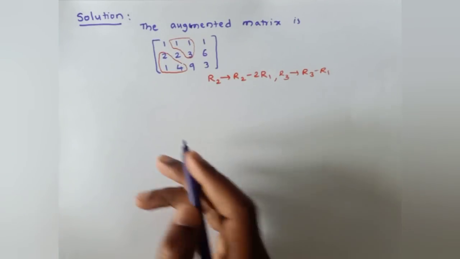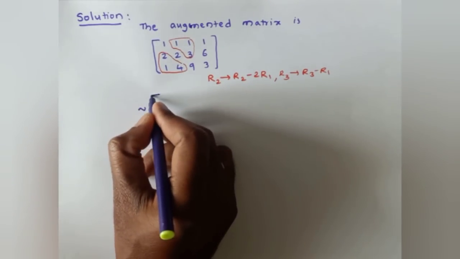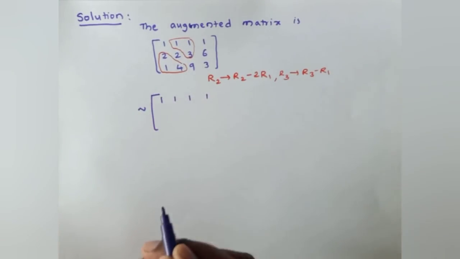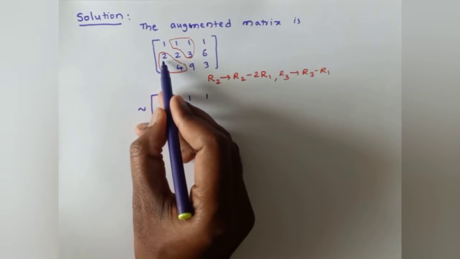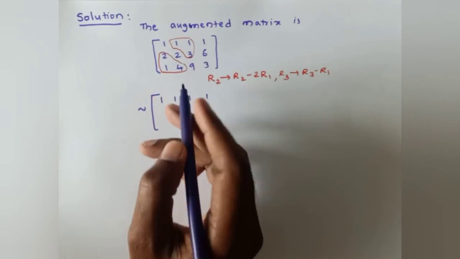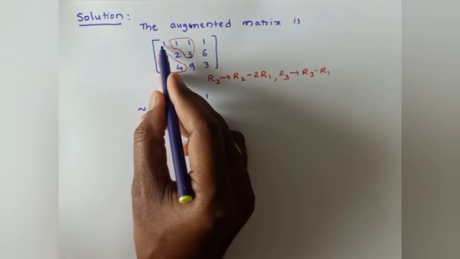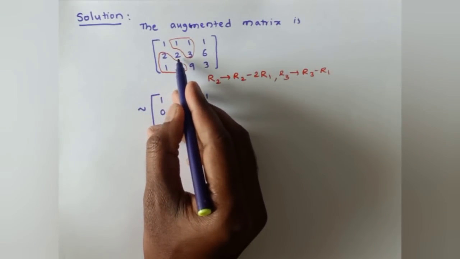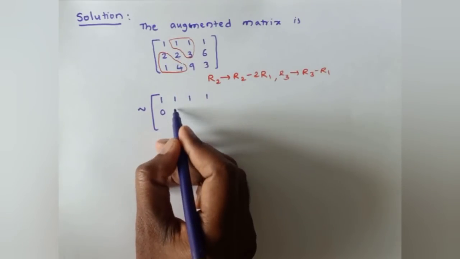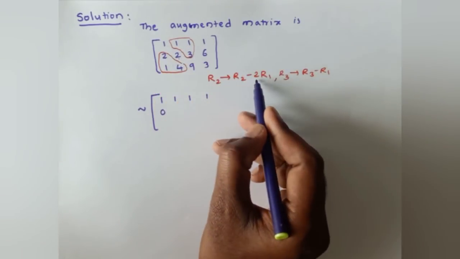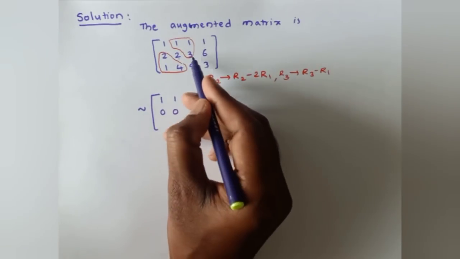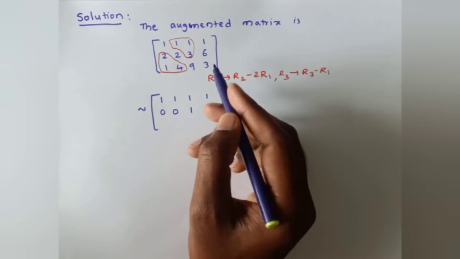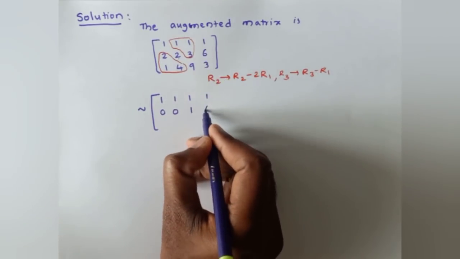Now the resultant is equivalent to: there is no change in the first row, it is as it is. There is a change in the second row: 2 minus 2 into 1 is 0, and again 2 minus 2 is 0, since we are multiplying this row by 2. 3 minus 2 is 1. 6 minus 2 is 4.